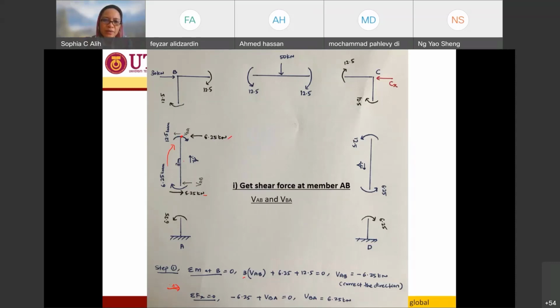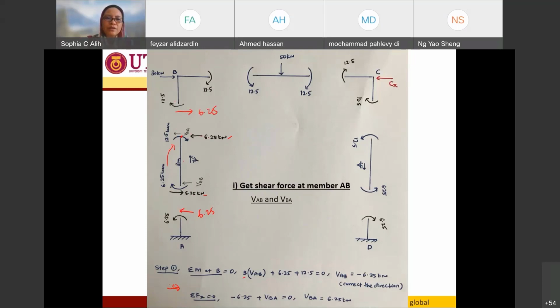Now, if I have this value over here, I can balance it towards the other end of my support. So if this one is pointing this side 6.25, I need to balance it to be having something like this, 6.25. And if this has a value of 6.25 towards this direction, I need to balance it towards this one, 6.25.